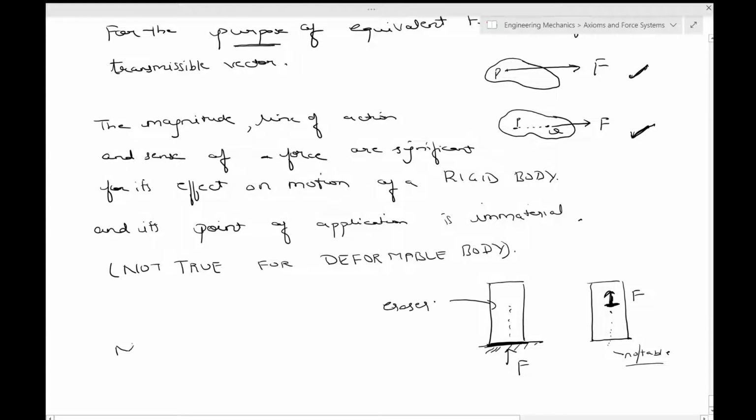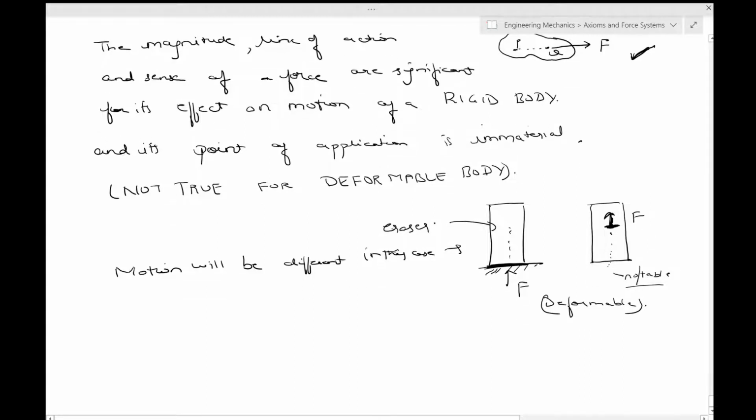So the motion will be different in this case, deformable. What will happen is that this particular part will be pulled, so this part will be under a lot of tension, and over here the same will not be true, hence the motion of this particular point will be different from what it was over here. The same will not happen in a rigid body.